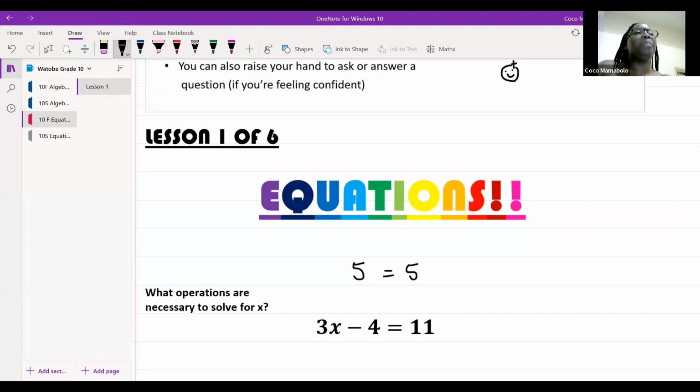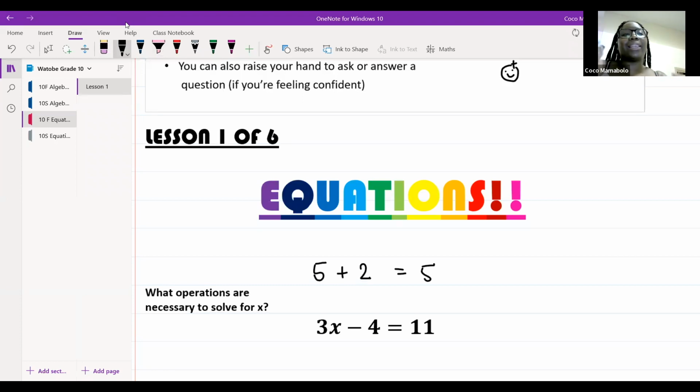Now, because I'm saying that these two things are equal, that means that whatever I write on the left-hand side needs to be true on the right-hand side as well. So if I decide to go 5 plus 2 is equal to 5, is that correct?